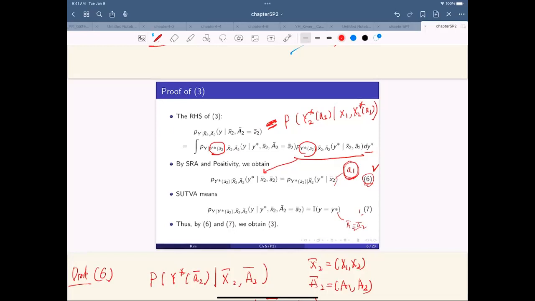Maybe we can just do the integration. You mean integration of what? The right hand side of 3, that expression, with 6 and 7 plugged in.